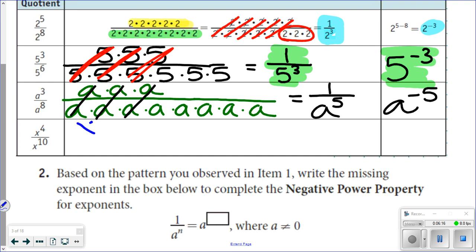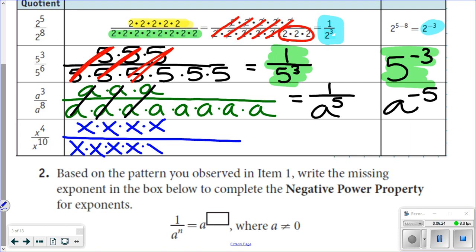The X's, 4, and then we have 10, and let's cross out the ones that cancel in the numerator and the denominator.